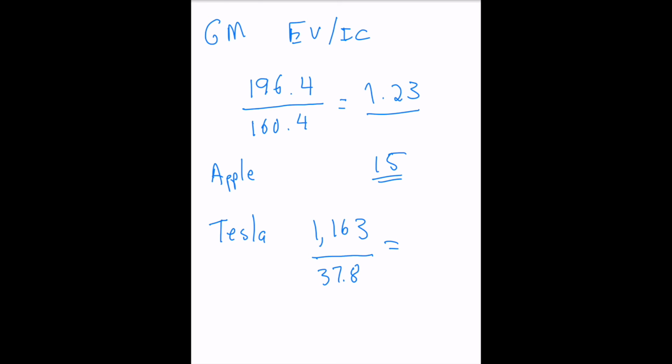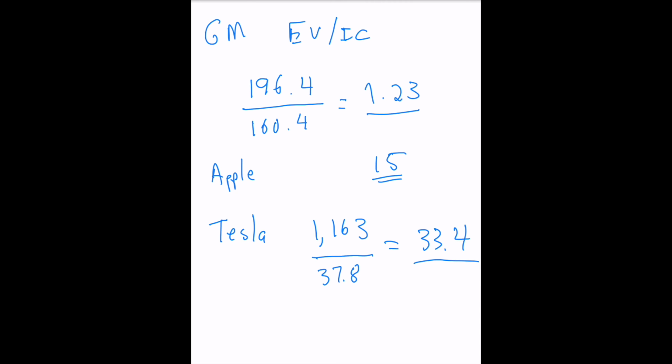So the ratio is about 33.4. Approximately 25 times what it is for General Motors. And that's saying that for every dollar that has been put into Tesla by investors, the company has turned that into $33.44.